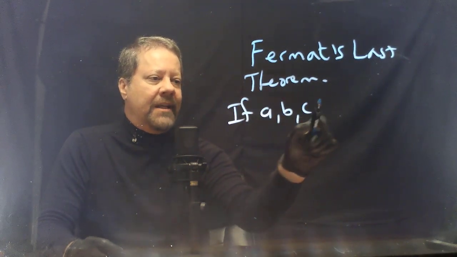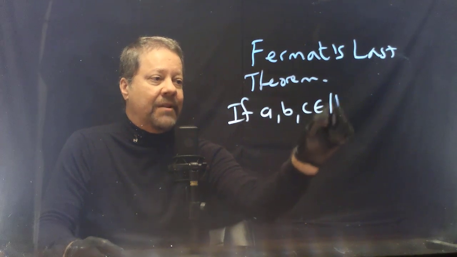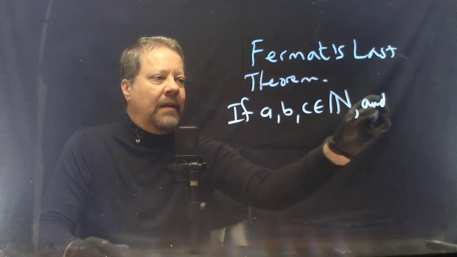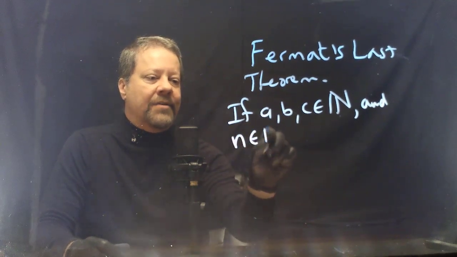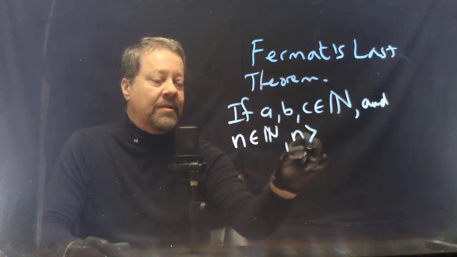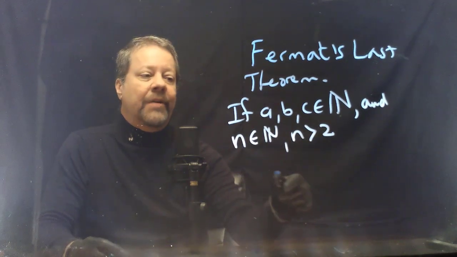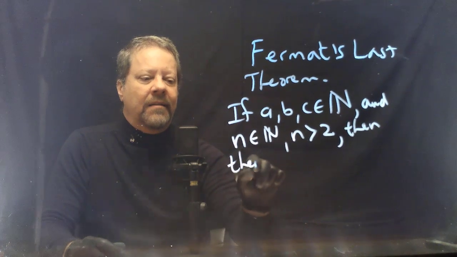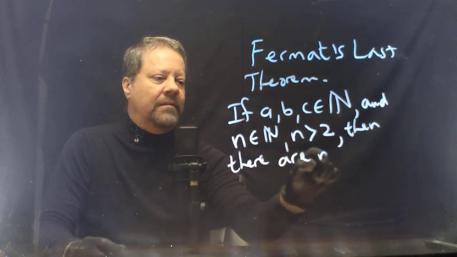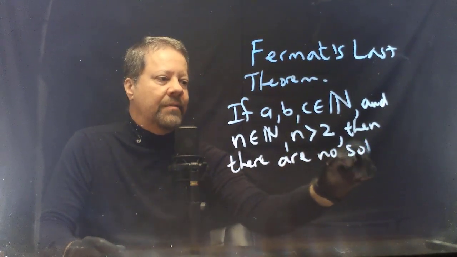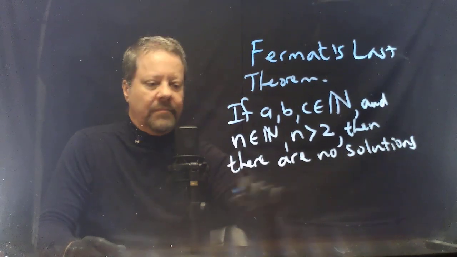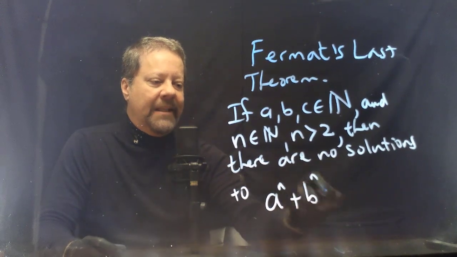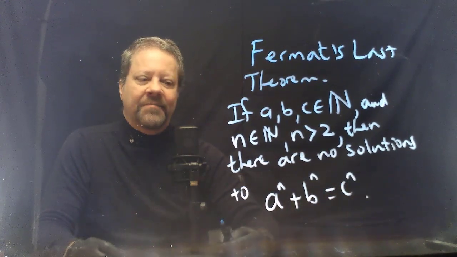If a, b, and c are, say, natural numbers, and n is a natural number strictly bigger than 2, so it's 3 or higher, there are no such solutions to a simple equation, a to the n plus b to the n equals c to the n.